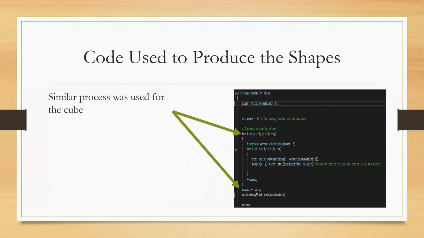The same process was used for the cube, as a 3x8 matrix was created and subsequently populated using the binary numbers by column. It was also then multiplied by an eigenvalue and pushed into its own matrix.